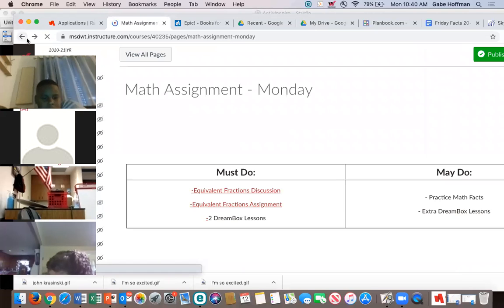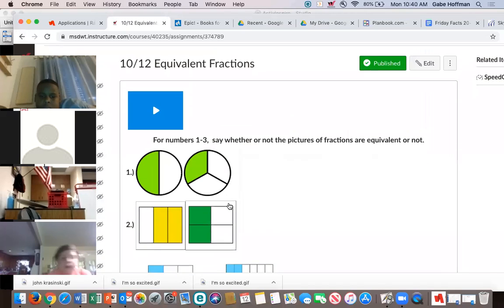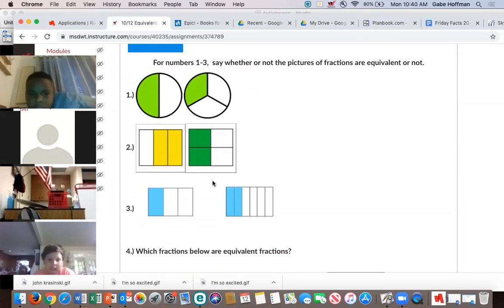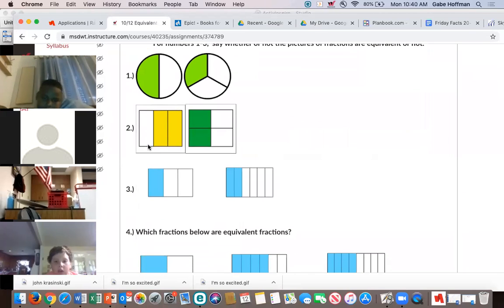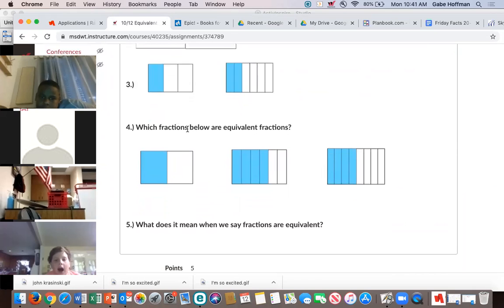The second thing you need to do is the equivalent fractions assignment. For numbers 1 through 3, it says say whether or not the pictures of fractions are equivalent. So you're just going to say number 1, equivalent or not equivalent. Number 2, equivalent or not equivalent. Number 3, equivalent or not equivalent. Number 4 says which fractions below are equivalent fractions. So you're actually going to have to identify the fractions.